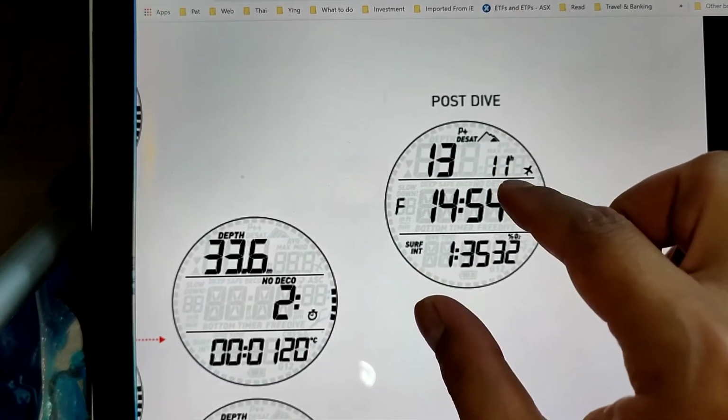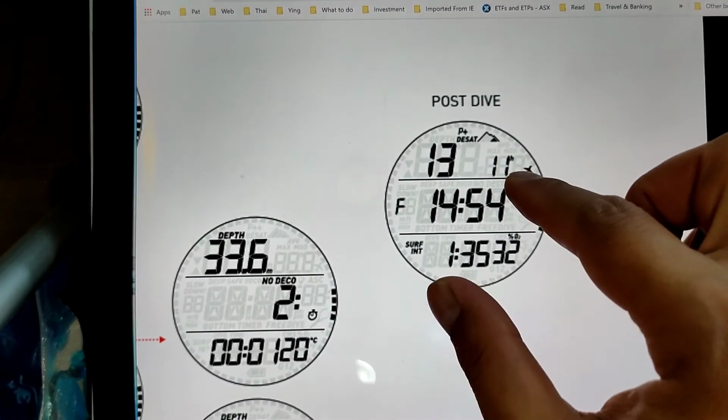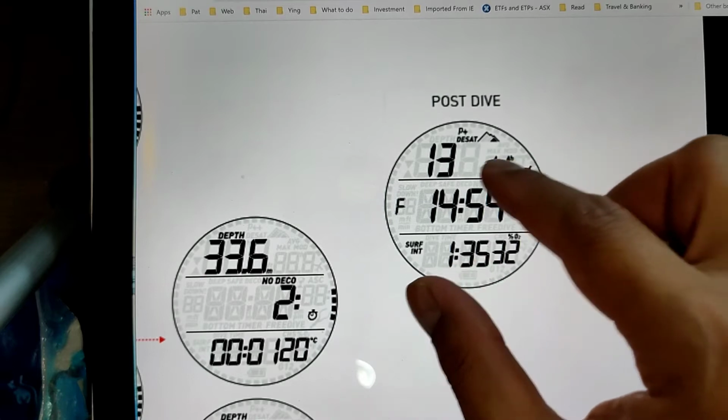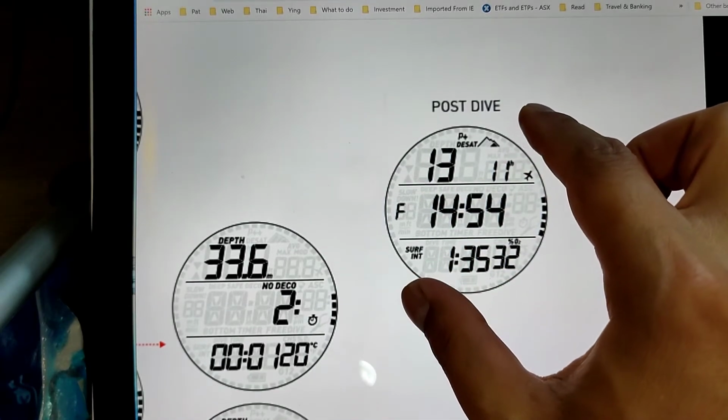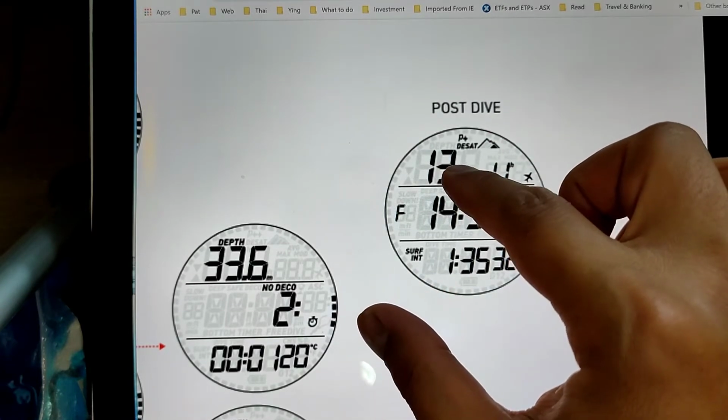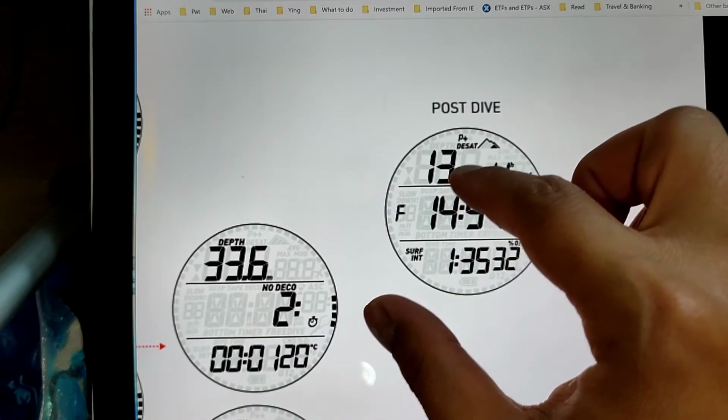You will tell this the person cannot fly for 11 hours. I think this is how many hours he had to desaturate. He had to desaturate for 13 hours.